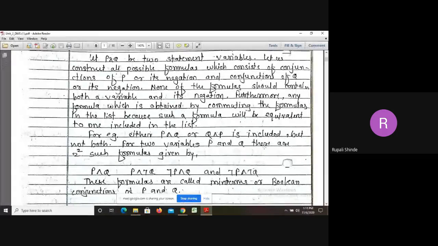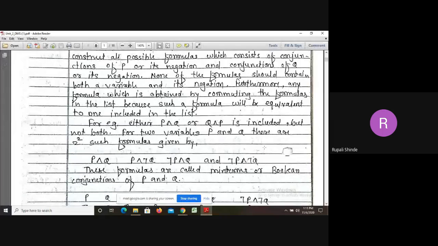So PDNF means it consists of minterms. We have seen minterm is associated with PDNF and maxterm is associated with PCNF. Suppose there are two different variables P and Q, then there will be a total of 2 raised to 2, that is 4 possible minterms.